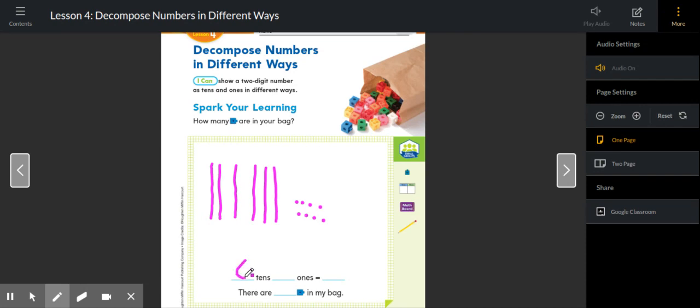So 6 tens, those lines, remember, represent a row of 10, and 8 ones is equal to or is the same as 68. So I have 68 Cheerios. So down here, we're going to pretend we have those wonderful Linger cubes we have at home. We're going to pretend that you have 68 of them in front of you right now.